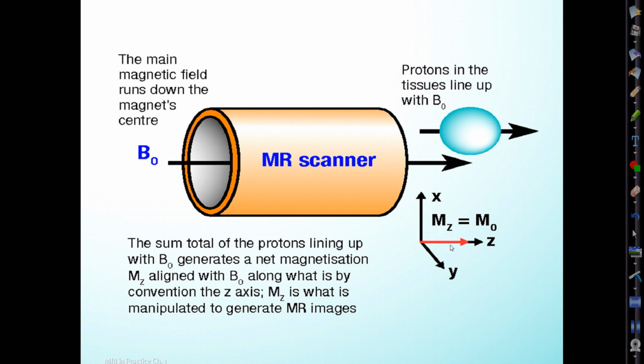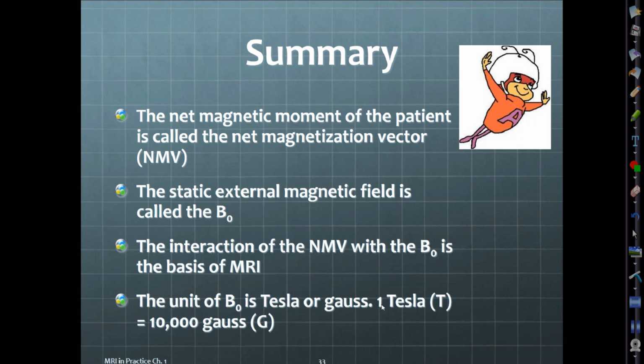So in summary, the net magnetic moment of a patient is called the net magnetization vector, NMV. The static external magnetic field is denoted by B sub 0. The interaction of that net magnetic vector with B sub 0 is the basis of MRI.